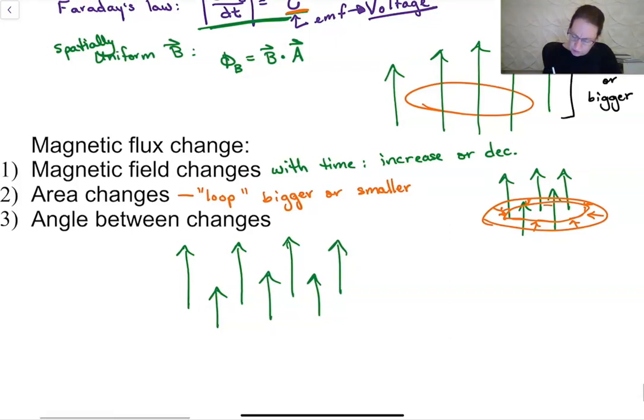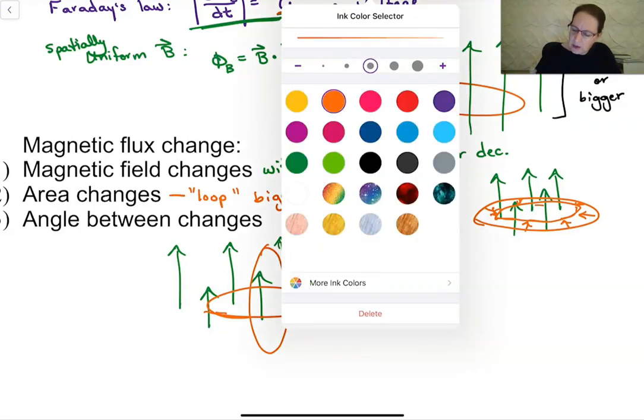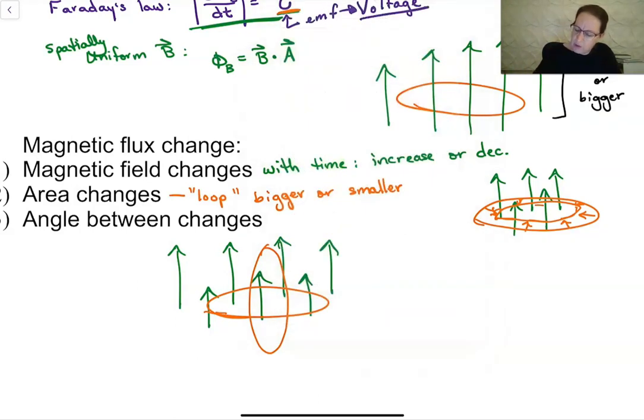I'm going to say it goes from that orientation to an orientation more like this. When it's up like that, notice we don't have any flux because the area direction, I guess I should have reminded you of this, the area is just like we've had before. This is our surface, so to find the direction of the area, it's always perpendicular to the surface, to the area that we're interested in.